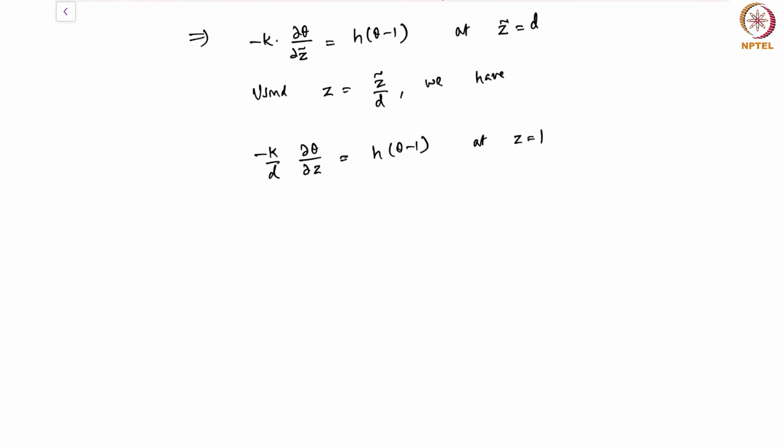Okay. We also should remember that the theta was a base state value plus a perturbation, and this base state value essentially becomes, if I substitute this, where the base state value essentially was z. Okay, this implies that theta bar at z is equal to 1 is simply 1.